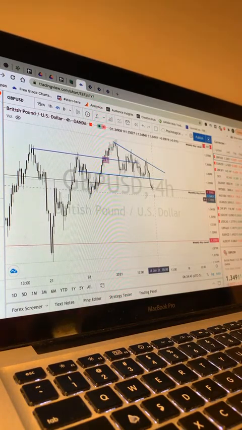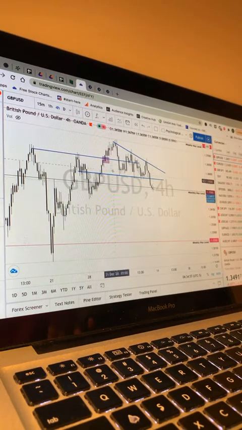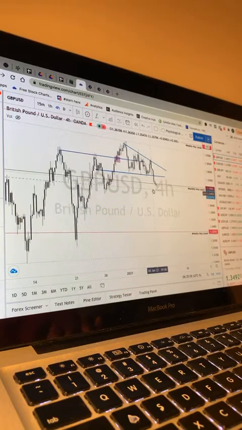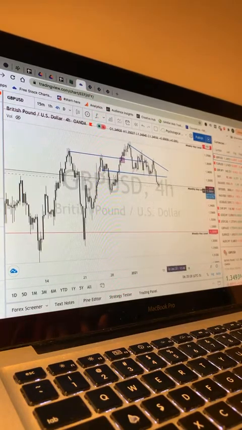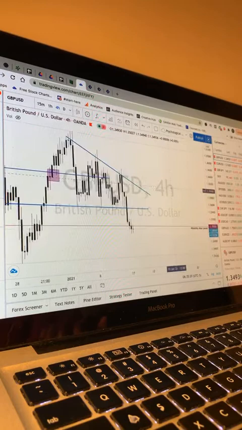I can see it going down there, but honestly, I'm not looking for sell opportunities for GBPUSD, not this week at least, even though it has been on this downward trend since the year started. You can see January 4th is when it started to decline. So yeah, that's it for GBPUSD.